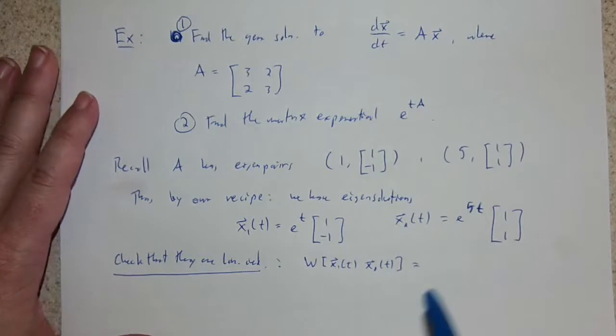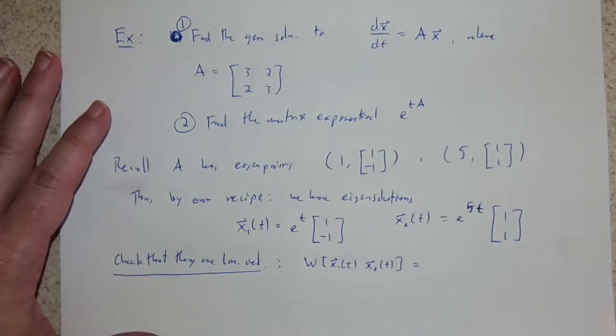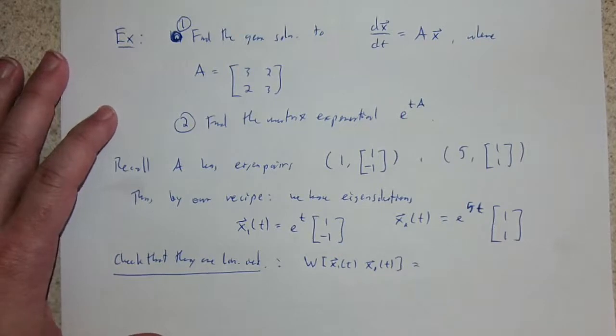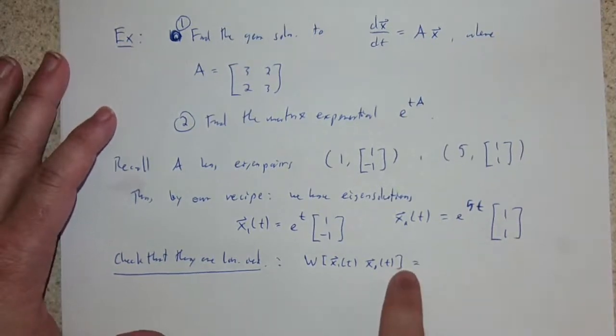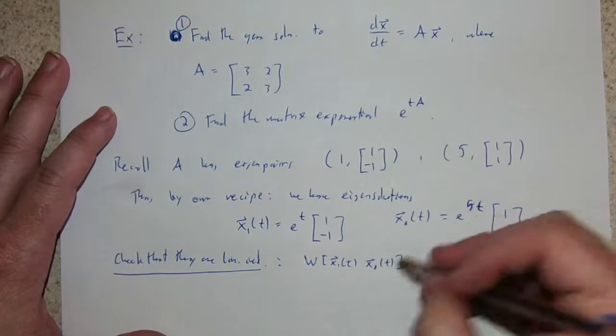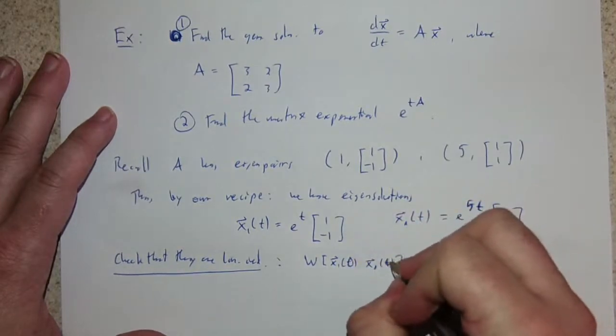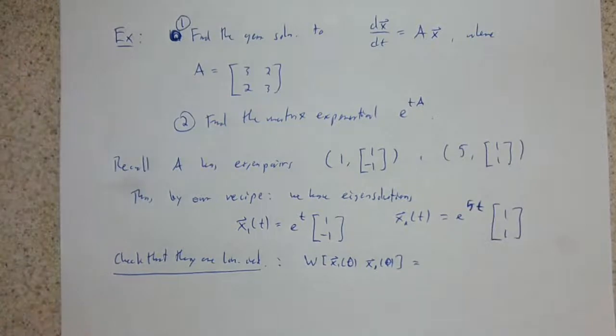I can do this at a single point, so I could do it at 0. This is by Abel's theorem, which I quoted but didn't prove, which says that if it's non-zero at a single point, it's non-zero everywhere.